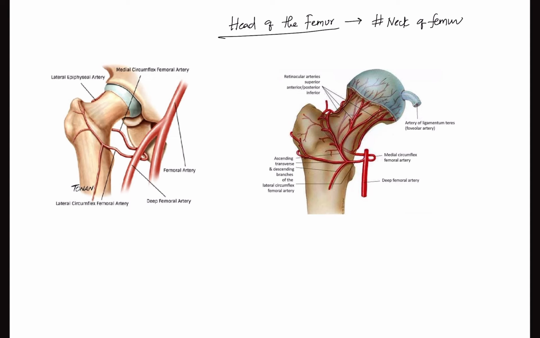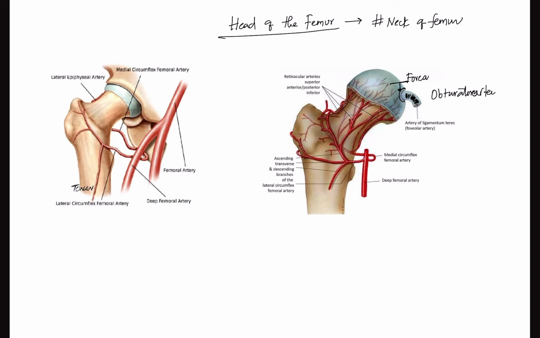But the problem with head of the femur, as you can see here, is this is the head of the femur. Head of the femur has two important blood supplies. One coming from the obturator artery, from above, from the acetabulum. You have ligamentum teres. Ligamentum teres is a ligament which attaches to the fovea, which is present slightly below the middle point of the head of the femur.